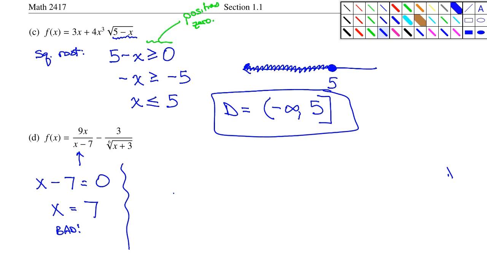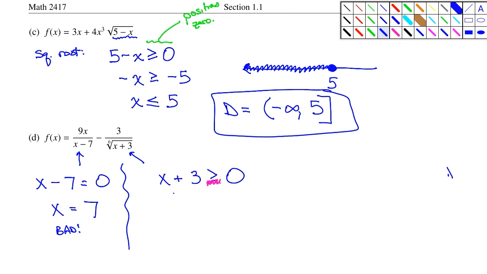Next, we have the 6th root of x plus 3. And because it's a 6th root, we would set the inside of the 6th root greater than or equal to 0. But where is that 6th root? That 6th root happens to be in the denominator. So because the denominator can't be equal to 0, we have to take away the equality part on this inequality.